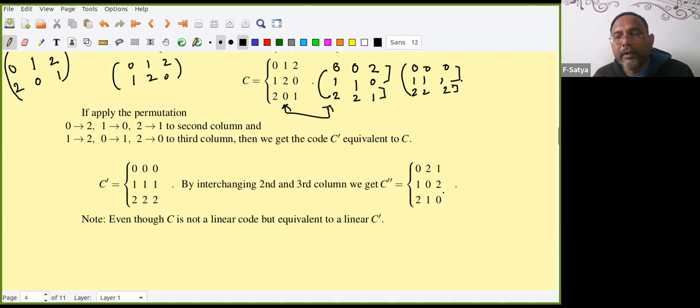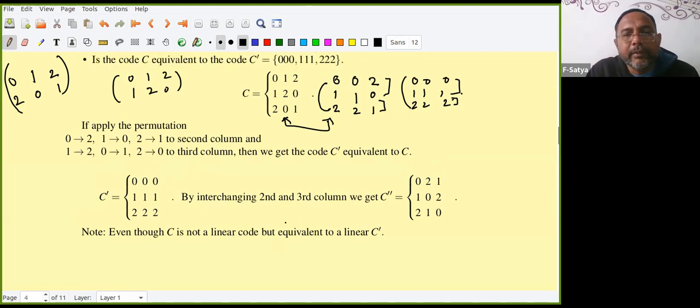You can see that. The distance will not change. It is also equivalent to my original. So any two of them are equivalent. Is that okay? That's just the definition with one example.